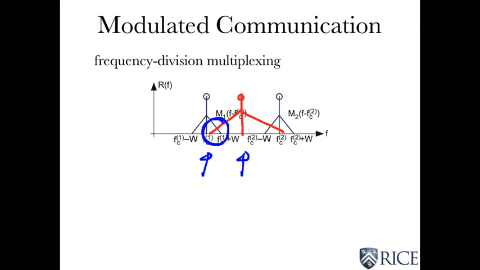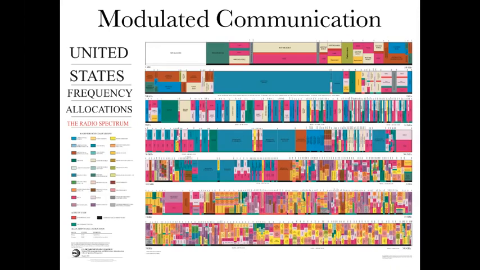So this is bad. So it turns out you have to have some mechanism for regulating these carrier frequencies and these bandwidths so that there's no overlap among all the various uses in wireless communication, and that's where government comes in. In the United States, the regulation for what each frequency band can be used for is very tightly regulated.